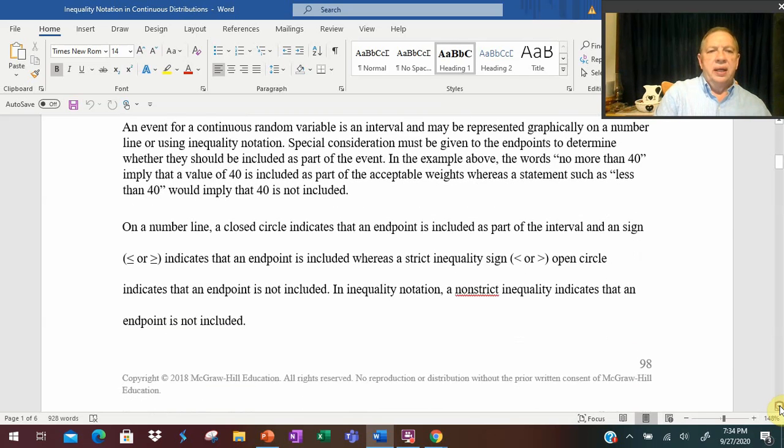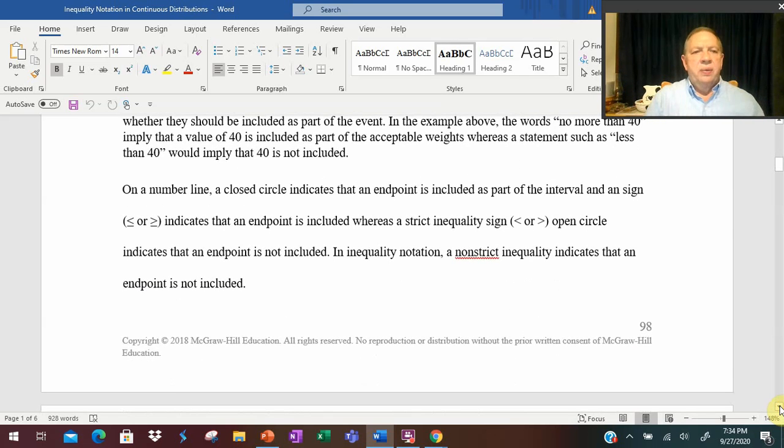On a number line, a closed circle indicates that an endpoint is included as part of the interval. A sign of less than or equal to or greater than or equal to is what you would represent as that endpoint, the equal to, which indicates that an endpoint is included, whereas a strict inequality sign, less than or greater than, implies an open circle.